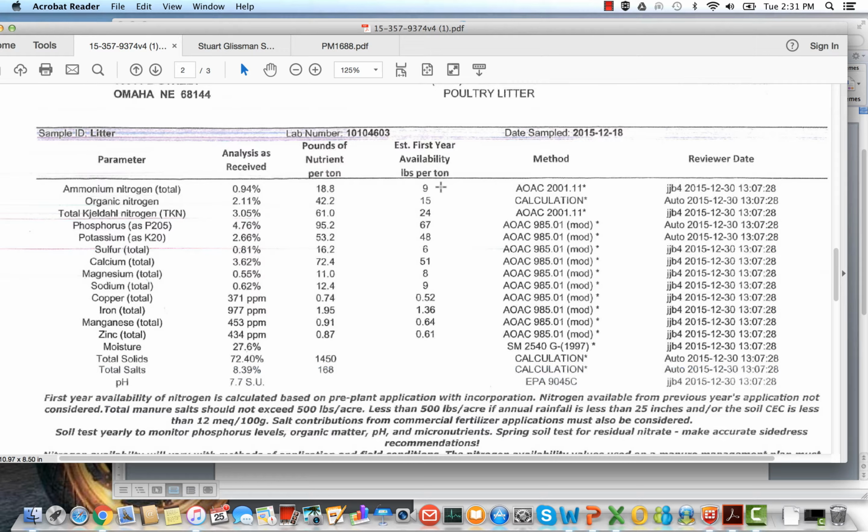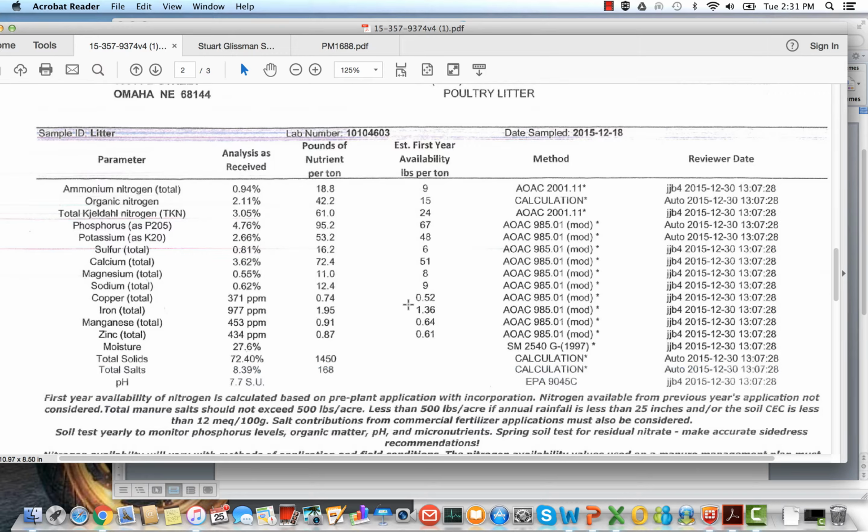But I can't take credit for the whole 9. Now, it's already discounted quite a bit from the 19. I'm going to say 20% of the 19, I'm going to hope, is still available to me after it lays out on top for a long time. That's 3.8. You know what, let's go with 4.